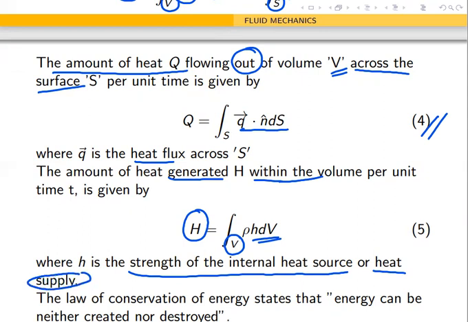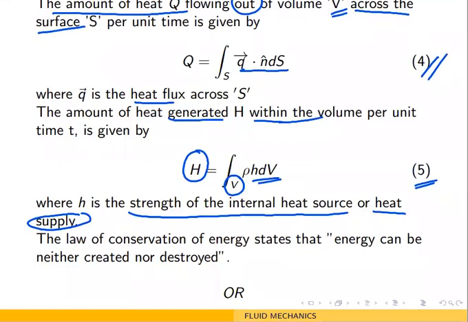Let us call it equation 5. So equation 4 represents the heat flowing outside the volume and is a surface integral, and equation 5 is generated within the volume, a volume integral.